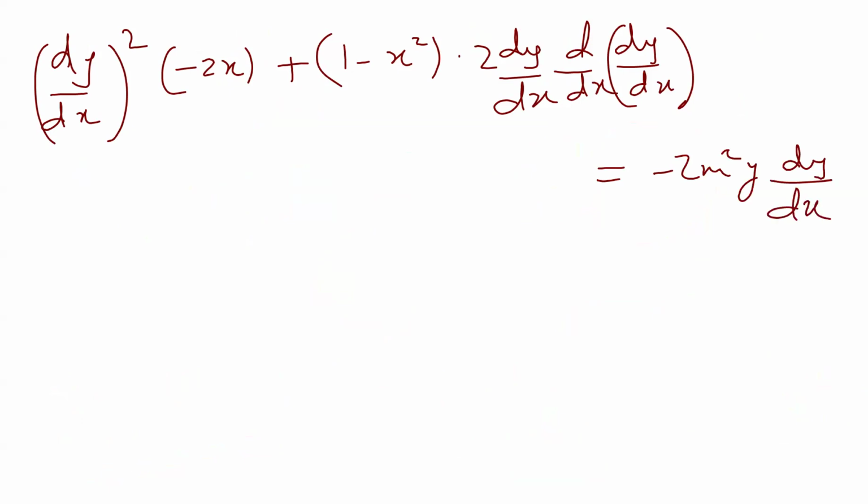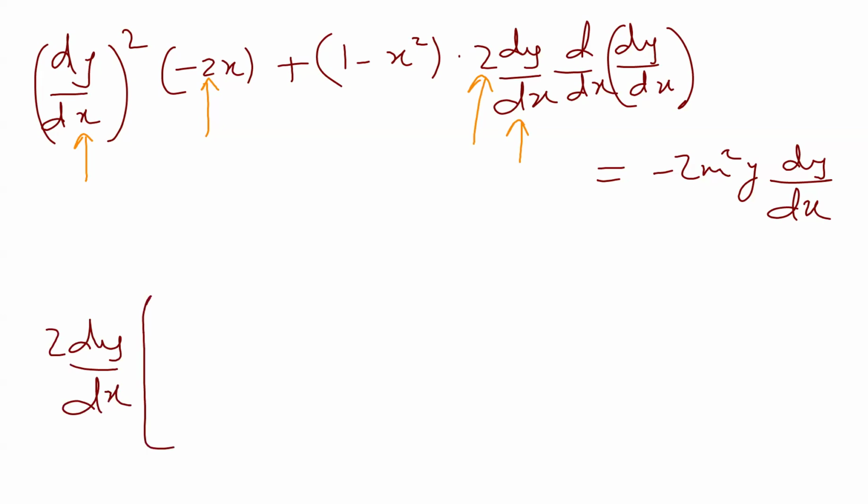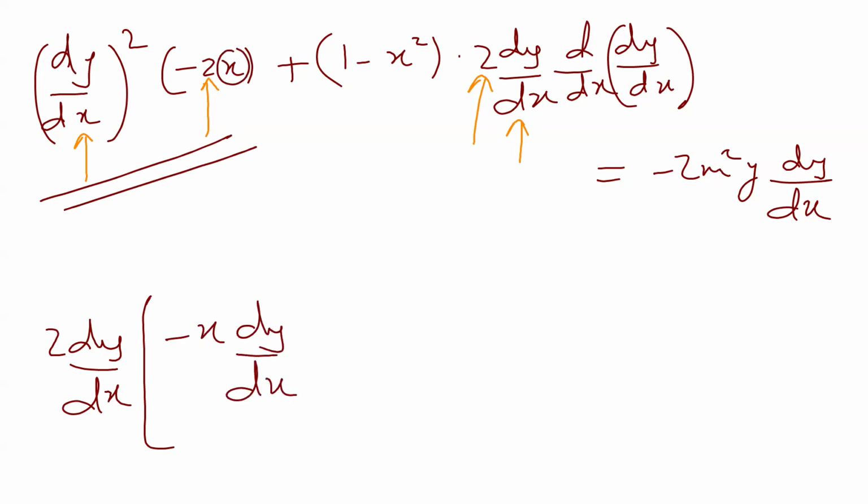Okay, now if you take a look at the left hand side, 2 and dy by dx is common. So we'll take 2 dy by dx common. Within the bracket, I'll just write minus x dy by dx. The x is left, minus is left, so minus x, and dy by dx, one term is left.